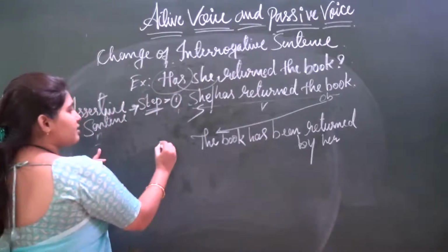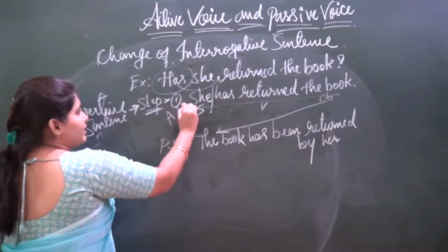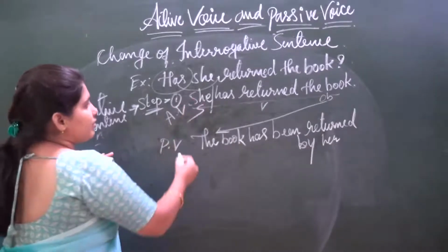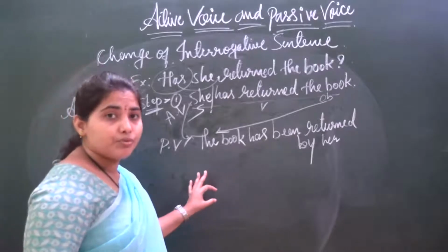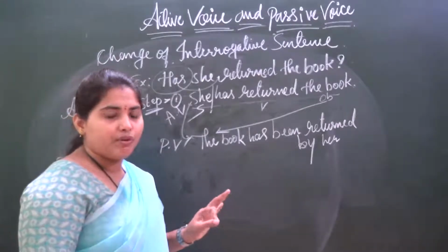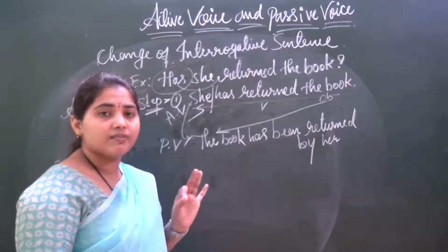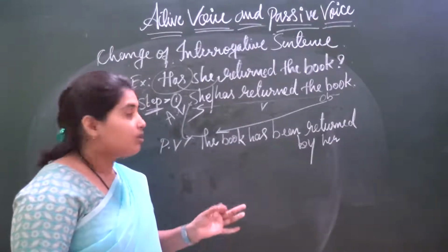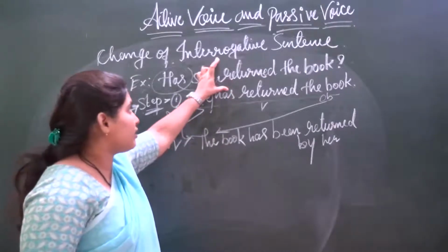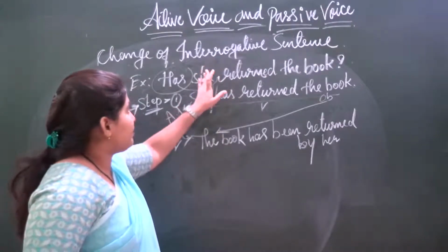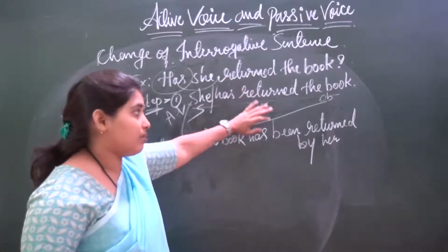Okay, this is the passive form of this sentence. Now, what do we have to do? As per rule, we should not change the meaning of the sentence, and we should not change the tense of the sentence. So, what is the meaning of the sentence here? The question. This is an interrogative sentence. So, the passive form of the sentence should always be an interrogative sentence only.